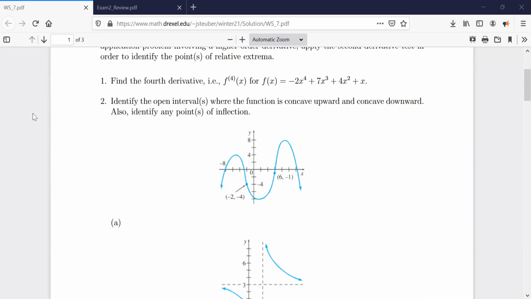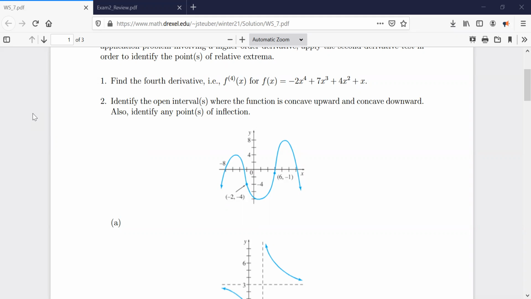Cool. So this week you guys have an exam coming up on Friday. So I can either try to split my time pretty evenly between this worksheet and the exam review, or I can concentrate on knocking out the worksheet and then just whatever time is left over, leave for the exam review.